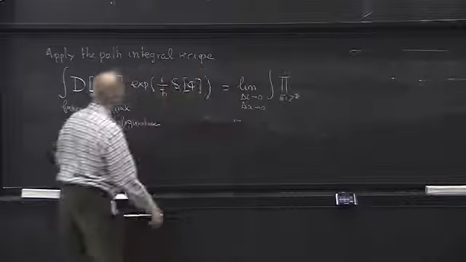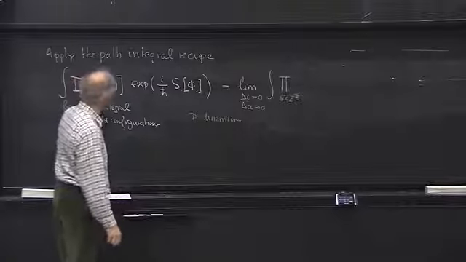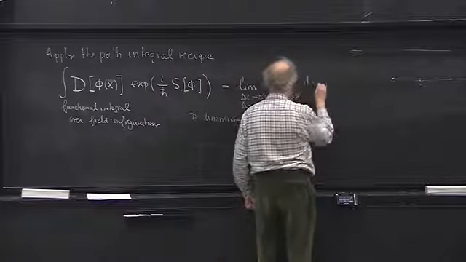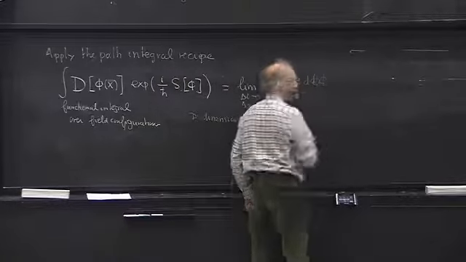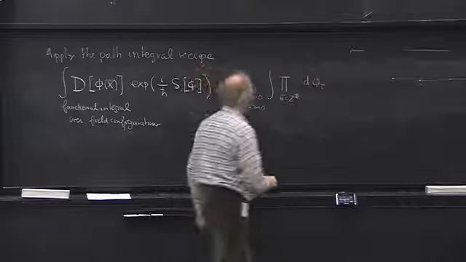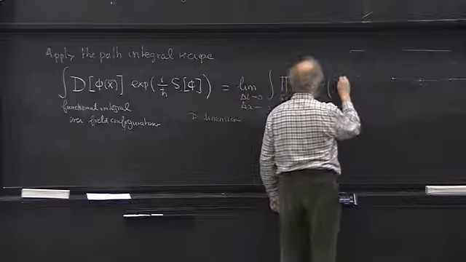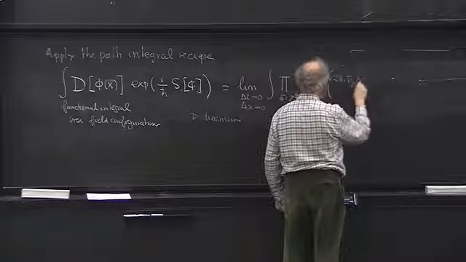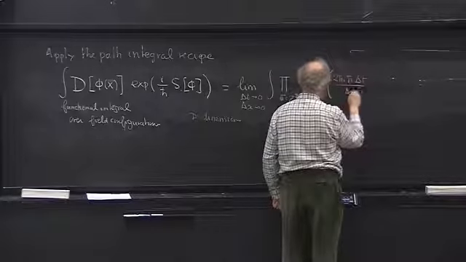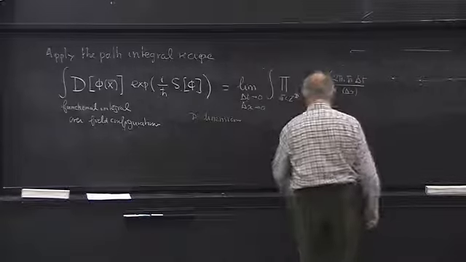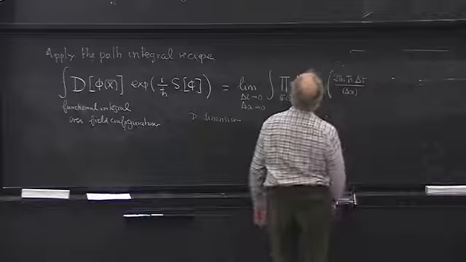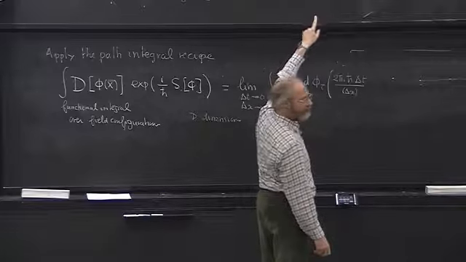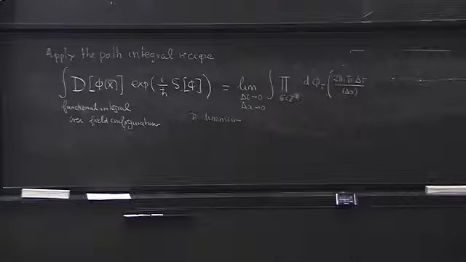If you apply the recipe, you see that this measure d phi of x is simply a product of flat measure over d phi_i at each point with a factor which is 2 pi i h bar delta t over delta x. Well, in that case, if you are in d dimensions, the delta x is replaced by delta x to the power d minus 1.